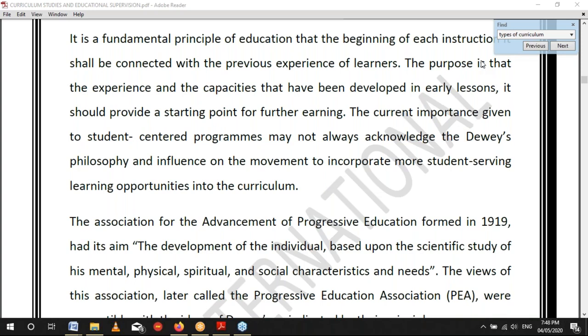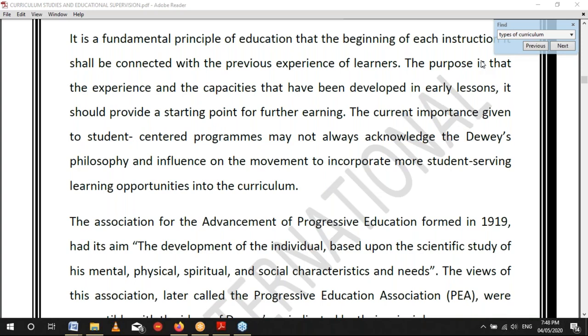One, define curriculum. Two, mention five types of curriculum you know.